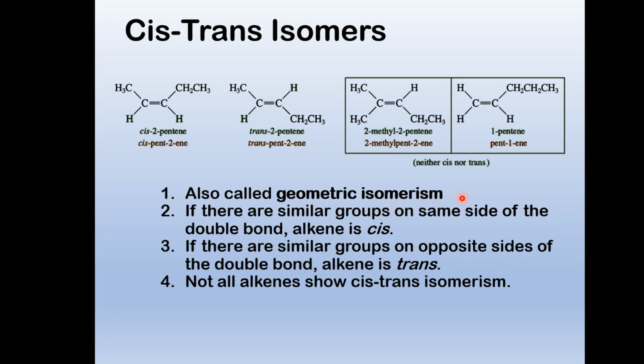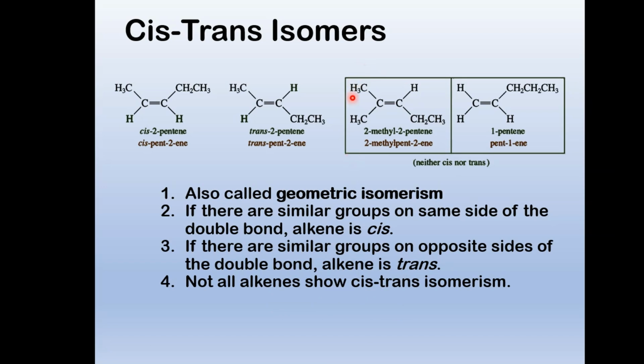You go back to chapter 5 and look at that big flow chart of isomers. If there are similar groups on the same side of the double bond, with alkenes we call it cis. Here's the 2 similar groups, the hydrogens. If they're on opposite sides, these 2 hydrogens, we call it trans. And not all cis alkenes are going to have this.